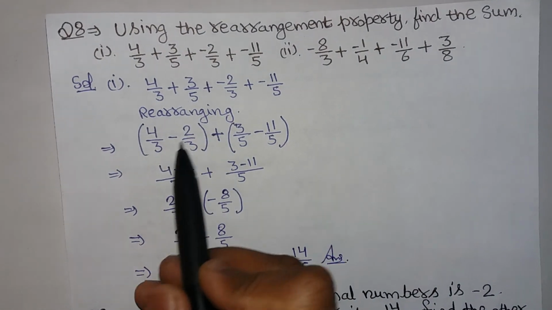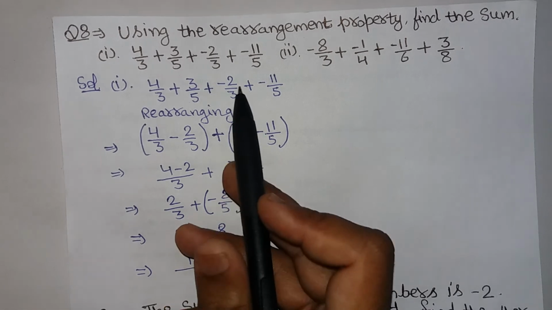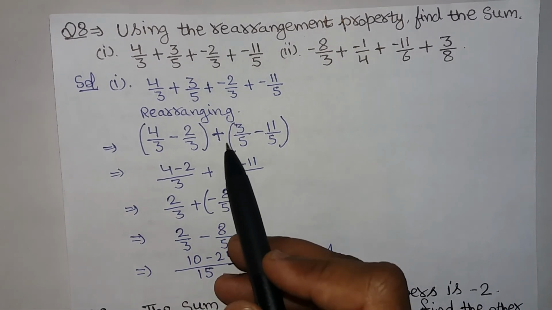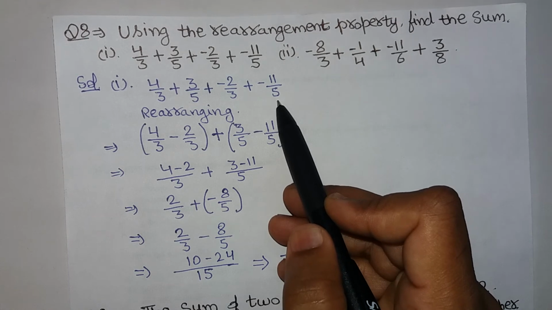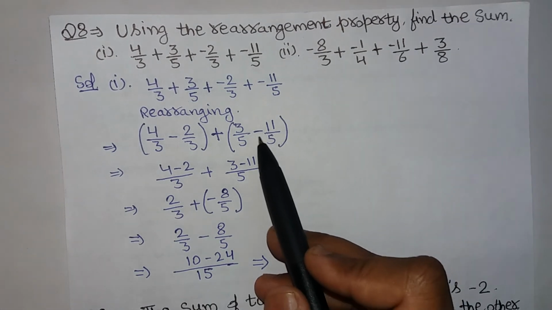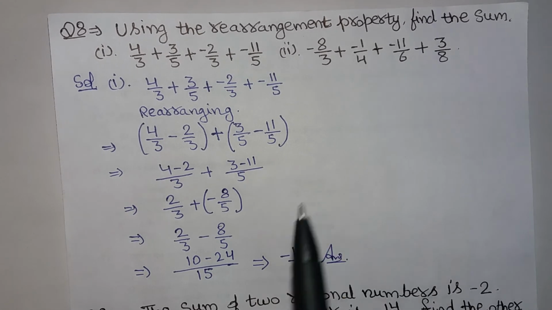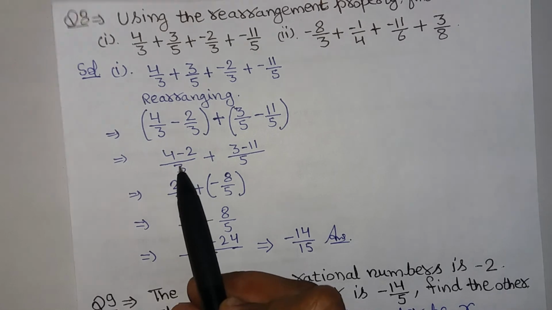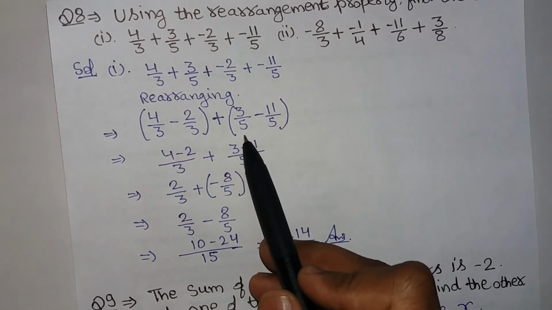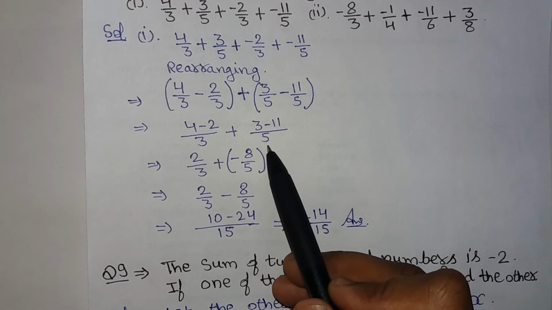So after rearranging, we can write 4 upon 3 and minus 2 upon 3, and write plus here 3 upon 5 and minus 11 upon 5, which have the same denominator. So taking LCM as 3, 4 minus 2 upon 3 plus, taking LCM as 5, 3 minus 11 upon 5.